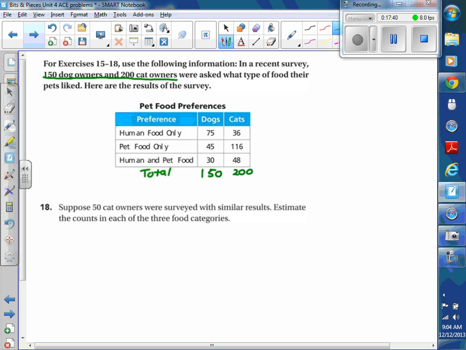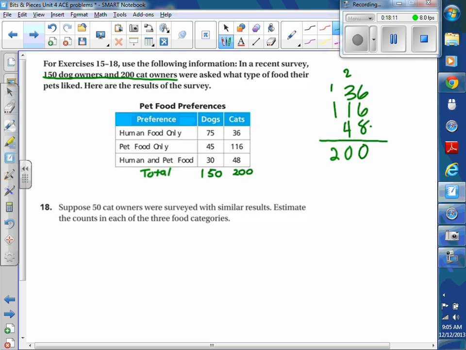Does everybody understand? Looks like if I add up 36 and 116 and 48. Yeah, but 18 still goes with those directions. So 6 and 6 is 12, plus 8 more is 20, carry the 2, 2 and 3 is 5, 6, 4 is 10. So they're telling you the total, okay?